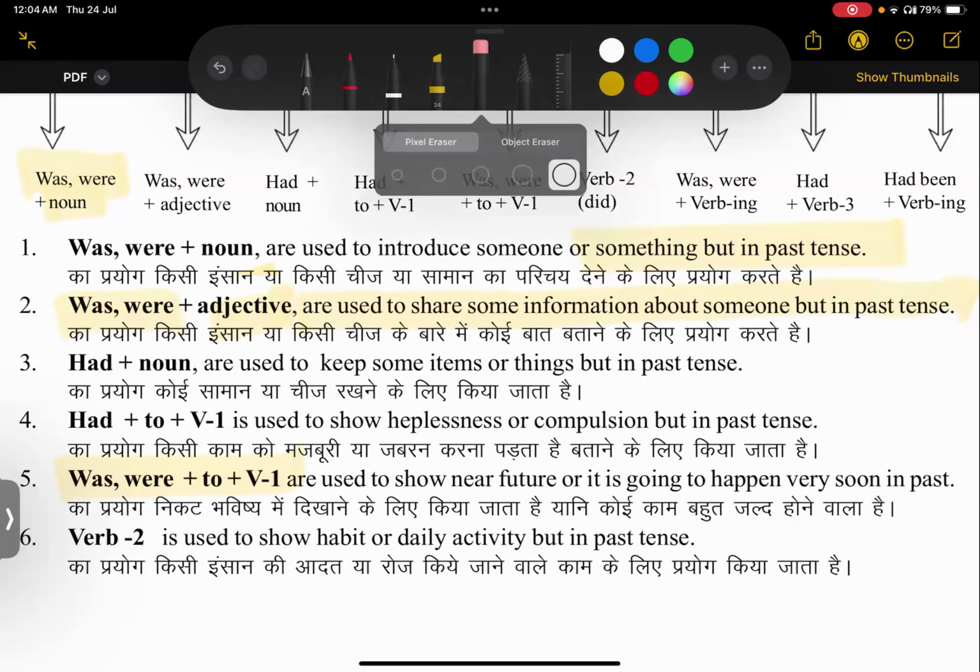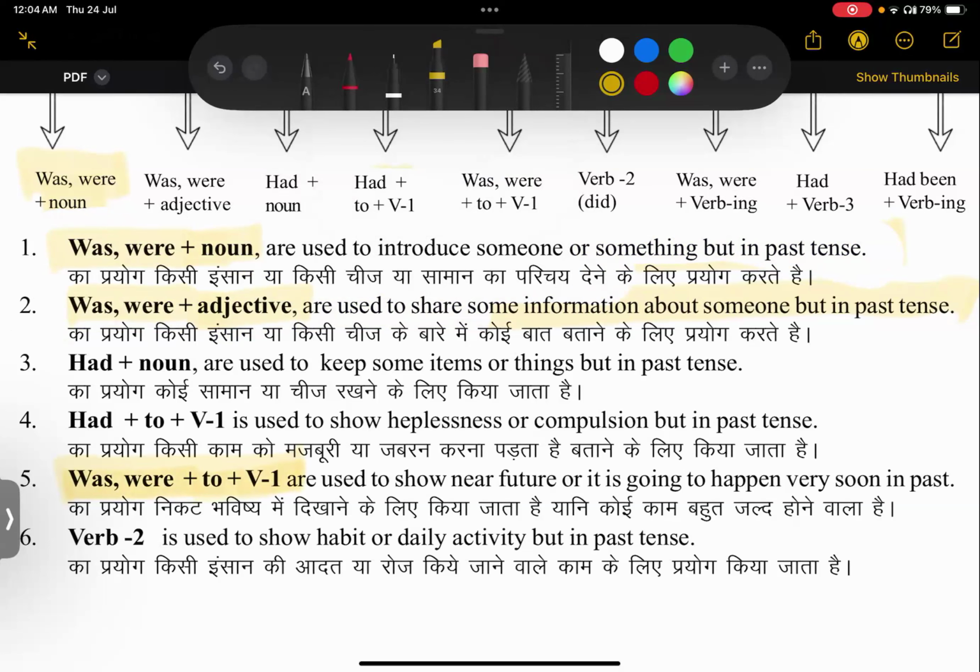Okay, dear students. So here, was verb plus noun means, well, and the next one, was verb plus adjective. Good. And the third one, was verb plus to plus verb in first form.